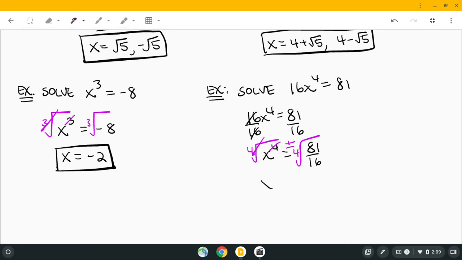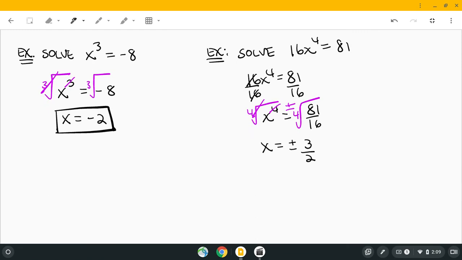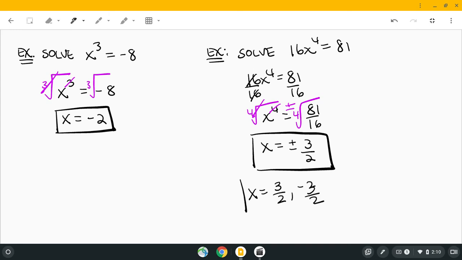All right, so we end up with x equals plus or minus the fourth root of 81, which is 3, over the fourth root of 16, which is 2. So we get x equals positive 3 halves and negative 3 halves. So you can say this. Either way is fine with me.